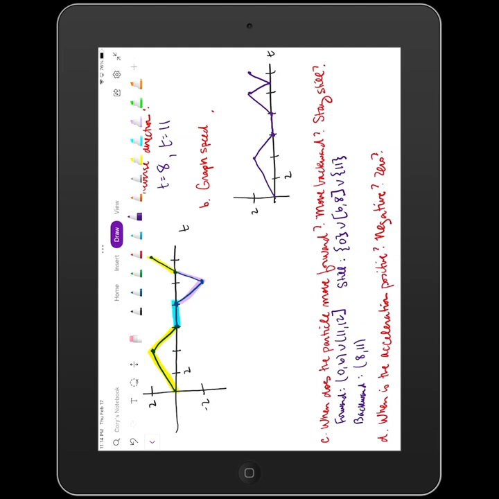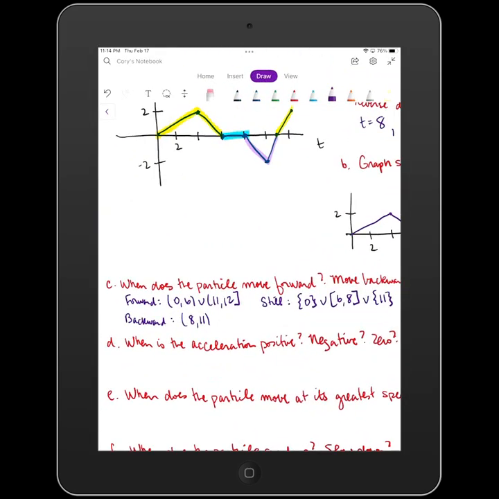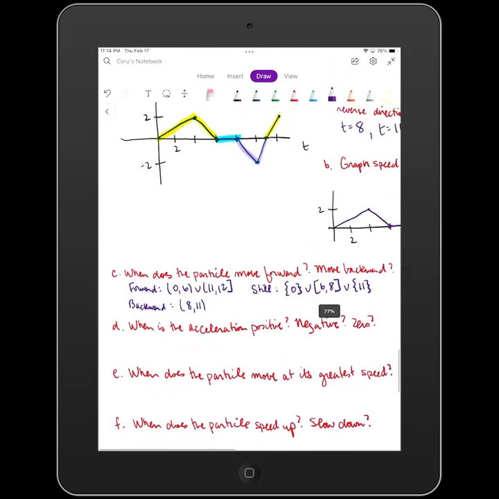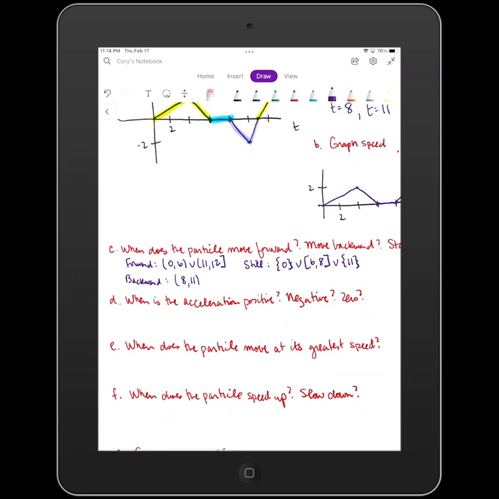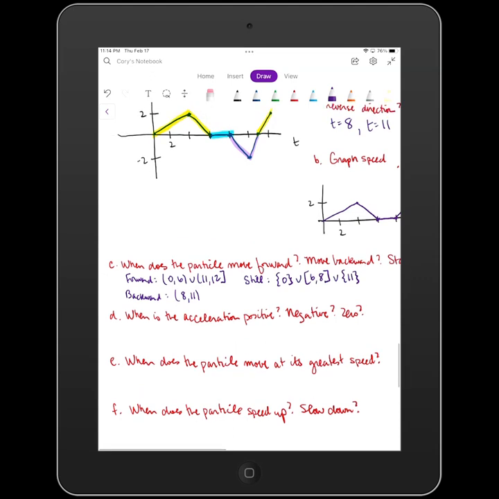Okay, so on to part D. I'm going to go ahead and flip my tablet for this just to give a little bit bigger view. Part D asks, when is the acceleration positive? When is it negative? And when is it 0?